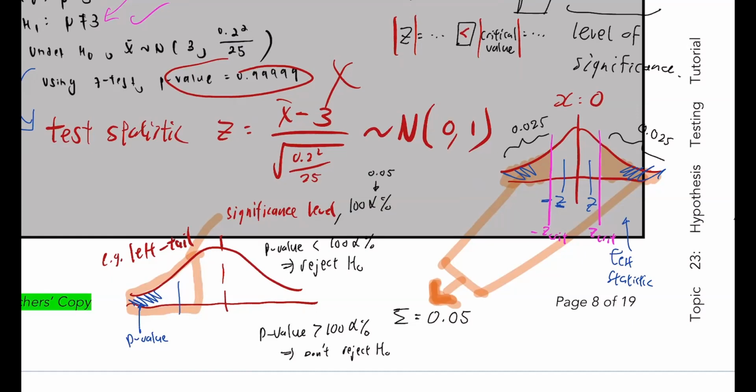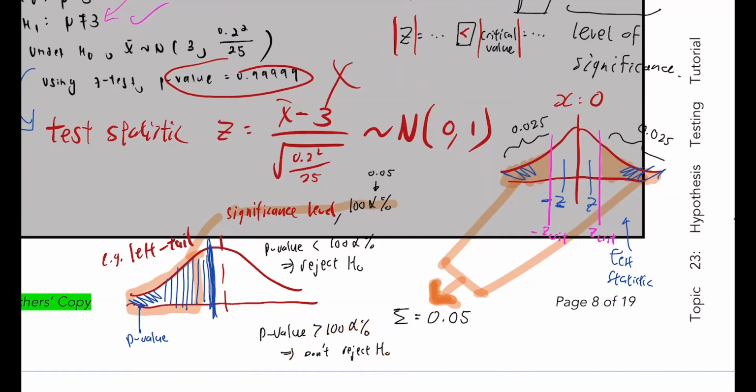You should move it a bit more to the right, such that it ends up over here, so that the area will be bigger than the orange area. Blue is bigger than orange. Correct? Your p-value must be bigger than your significance level. Your blue area is bigger than your orange area, for you to not reject.